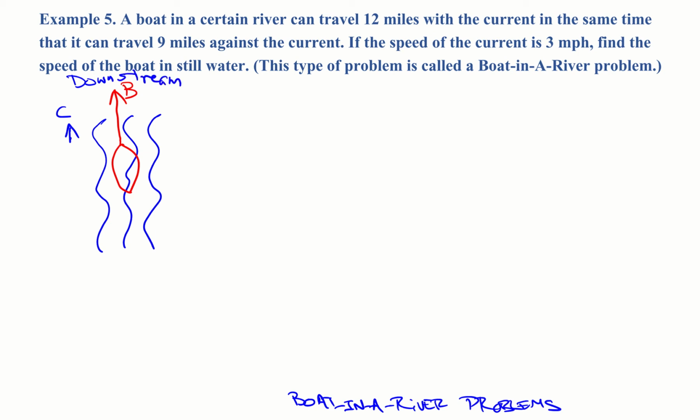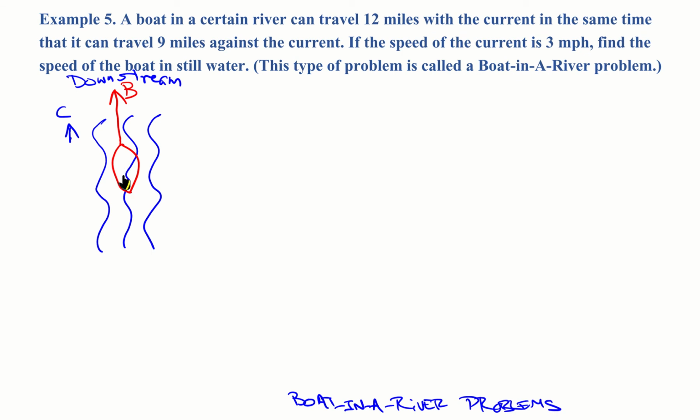Downstream, okay? And if you think about it, when the boat's speedometer shows B, all that it's telling the viewer is that, hey, given the type of engine that I have, if I were in flat water with the kind of energy that I'm exerting, I would be traveling at this speed, right?